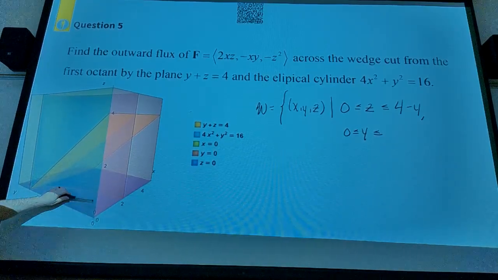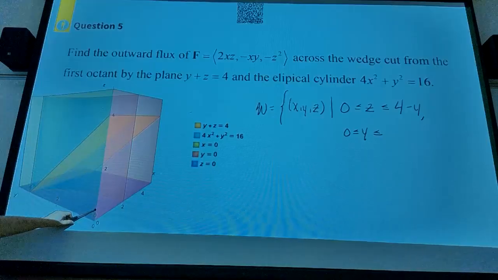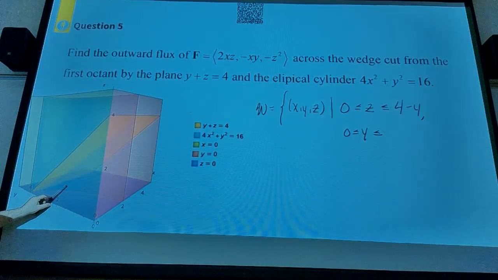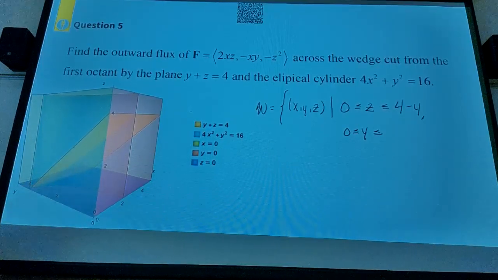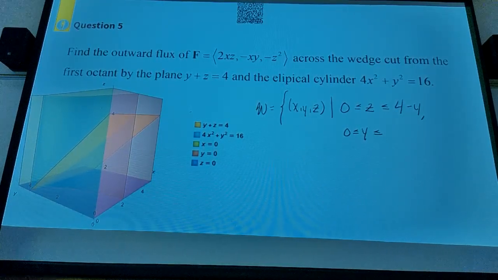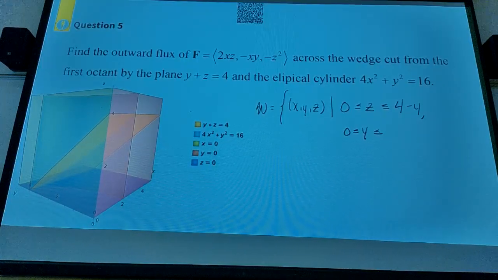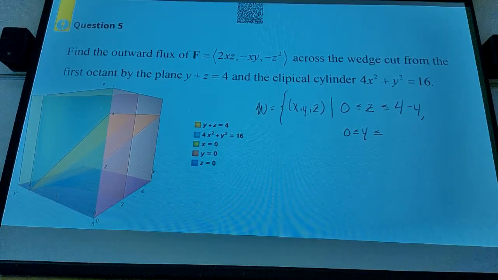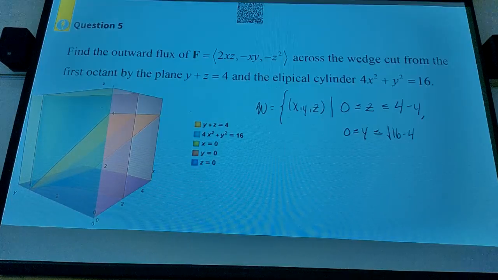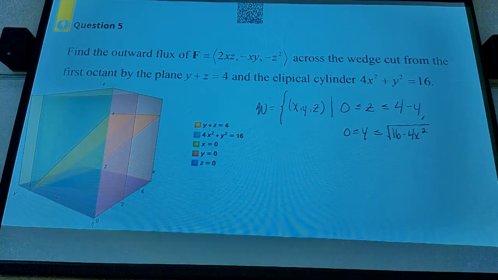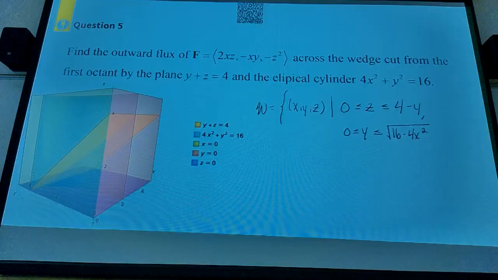So y is going from 0 to the cylinder, which is the square root of 16 minus 4x squared. Factor out that 4 though.